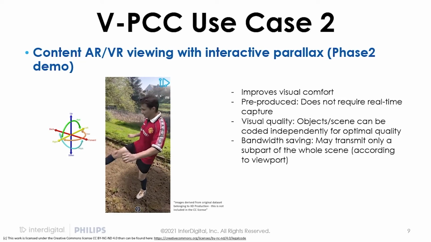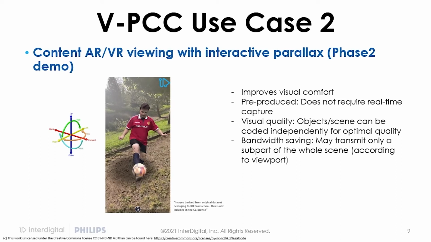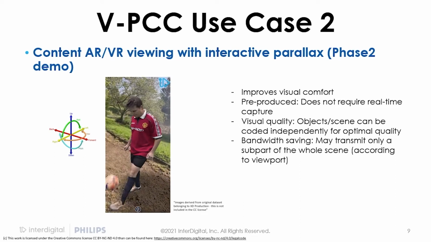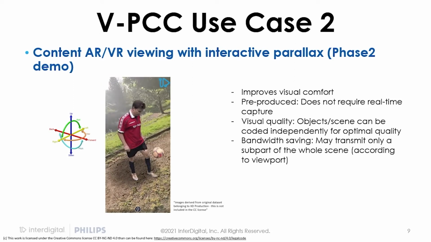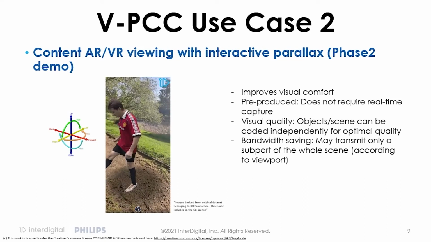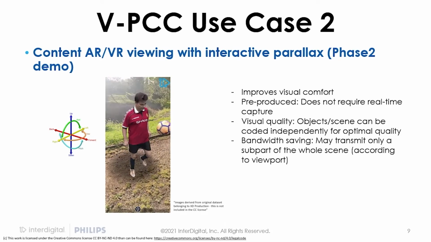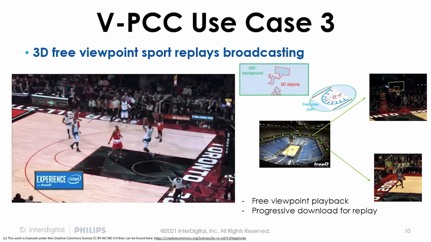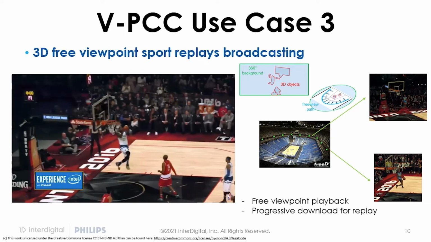The use case is very much related to the previous one, except that it doesn't require a real-time production of the source, but relies on a more sophisticated production workflow. Here, point clouds may be transmitted as a part of the total content. They could also correspond to a range of the viewport around the end-user head.